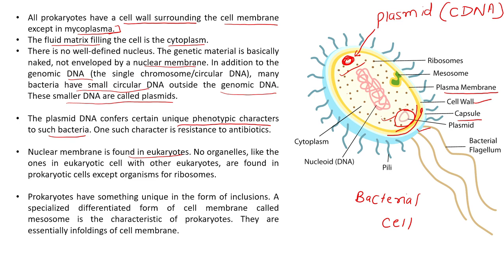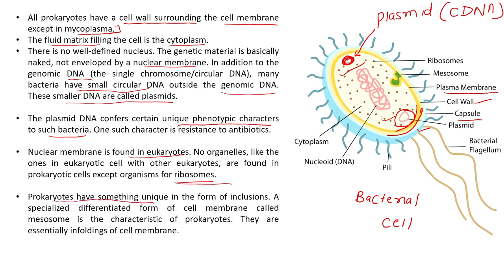The same ribosomes are also present in the eukaryotic cell, but the eukaryotic cell contains many organelles, as I told you, like endoplasmic reticulum and Golgi apparatus. In prokaryotes these kinds of organelles are not present, only ribosomes.